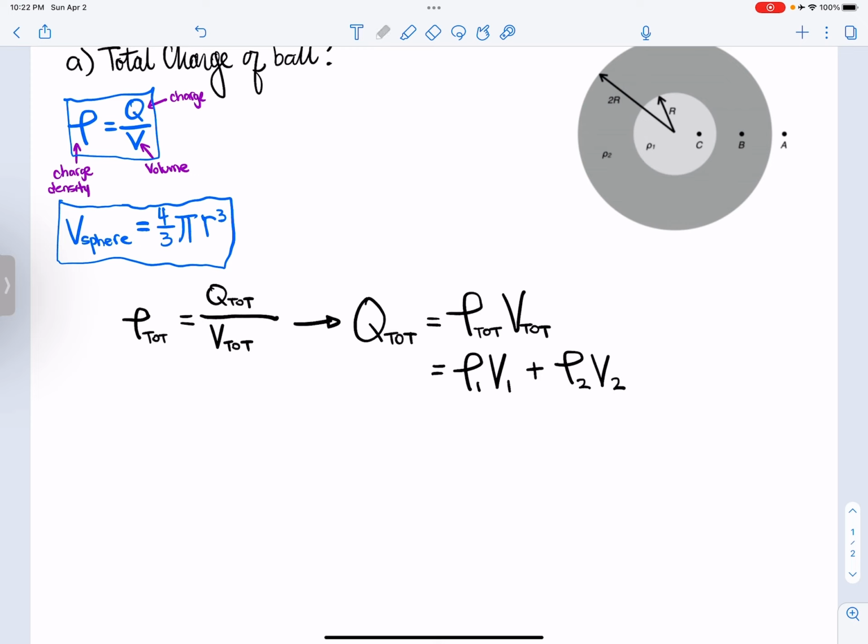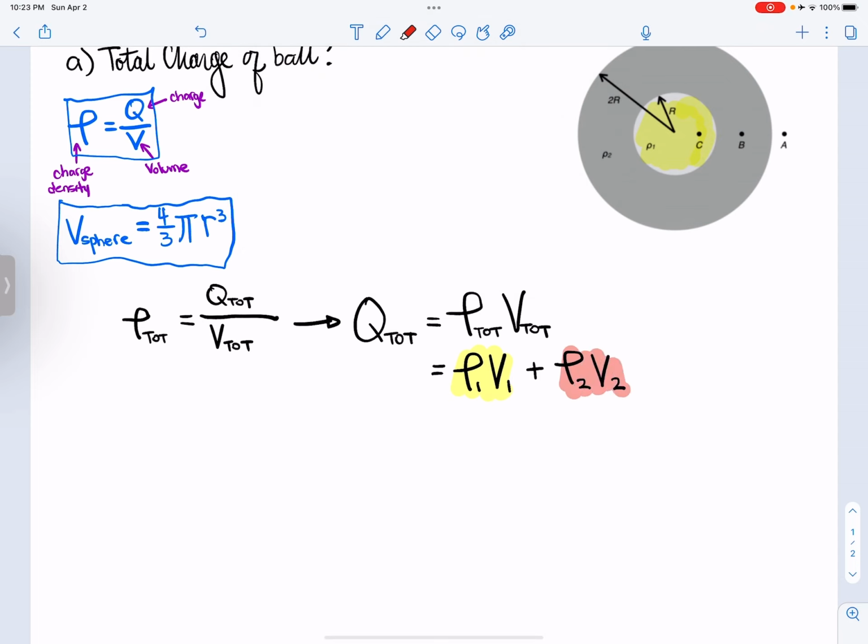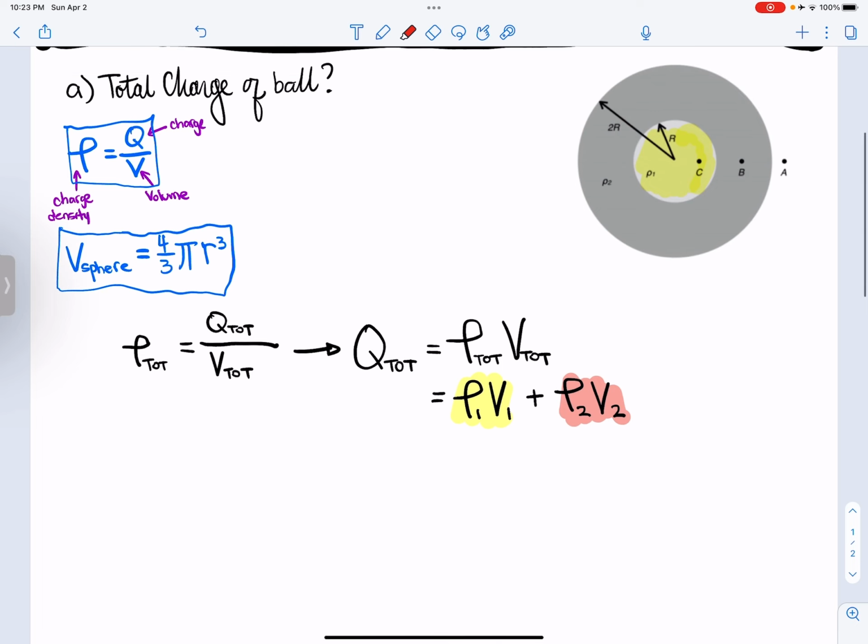This guy right here corresponds to the charge density and volume for this inner layer, and this guy right here corresponds to the charge density and volume for this outer layer.